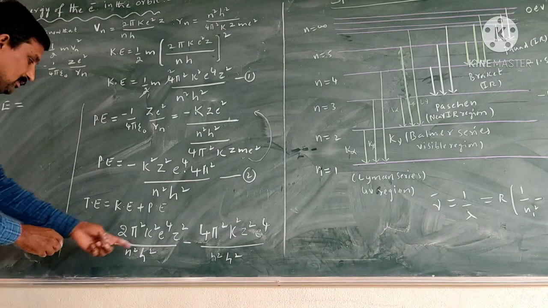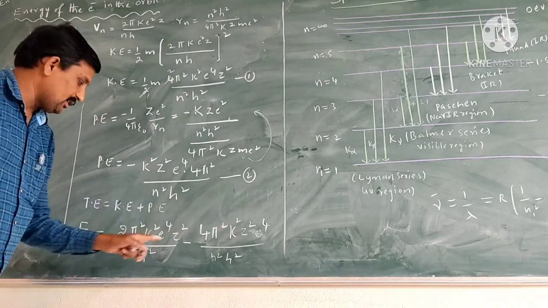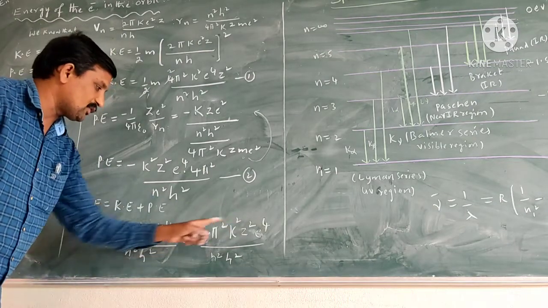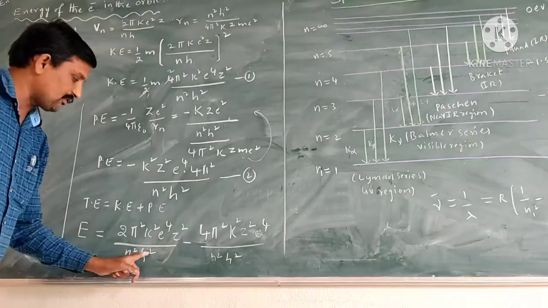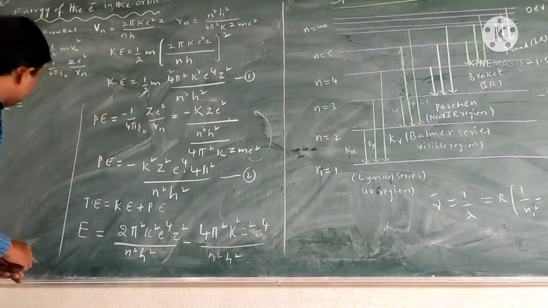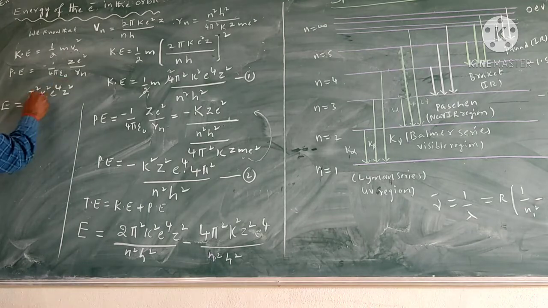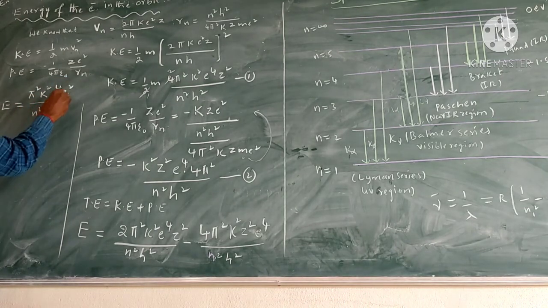Here pi square, k square, e power 4, z square, and n square h square are common in both terms, so they are taken common.